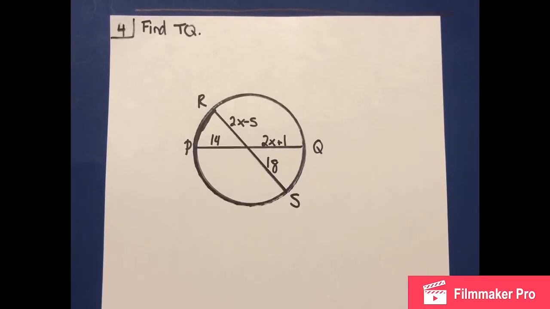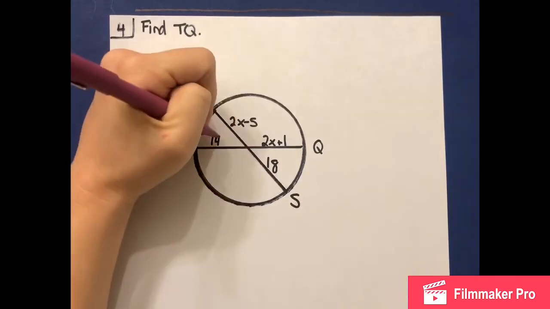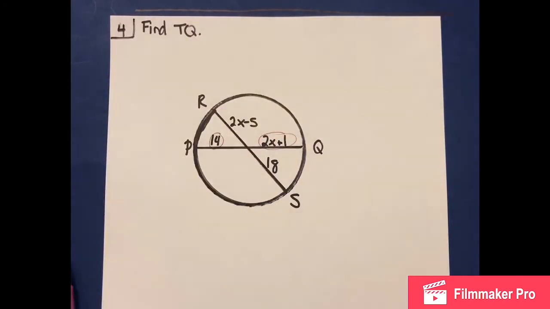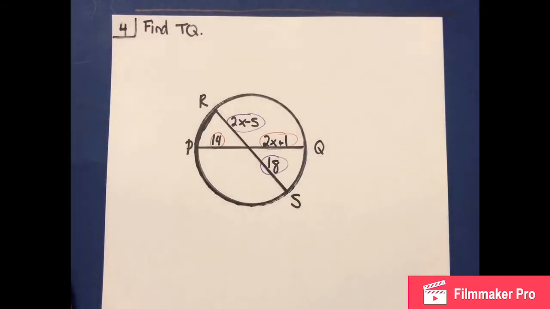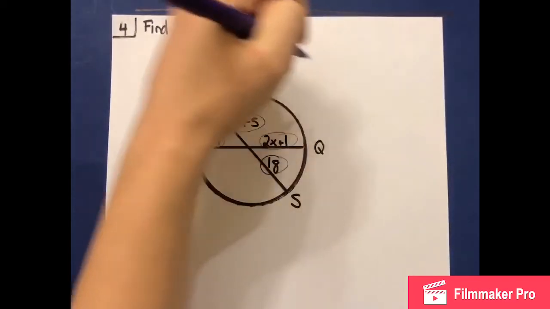Okay, so looking at number 4, this is still one that intersects inside of the circle. So I'm just going to match up the ones that break up each chord. Okay, and I'm just going to use the formula that tells us where I can just multiply them.